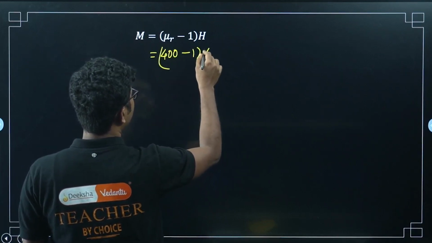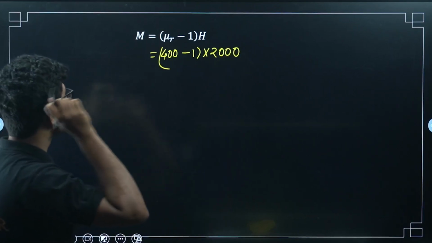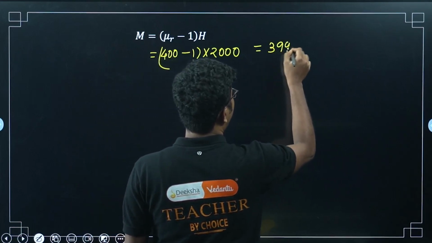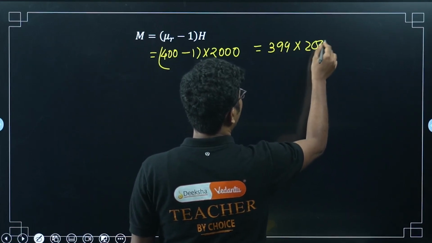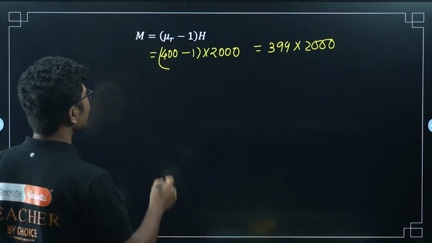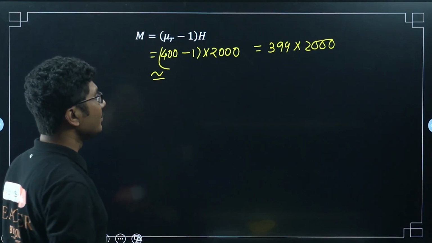We have calculated 2000, right? Now if you see, it will be 399 times 2000. Okay, now if you keep that number as 400 only, you can get an approximated value.